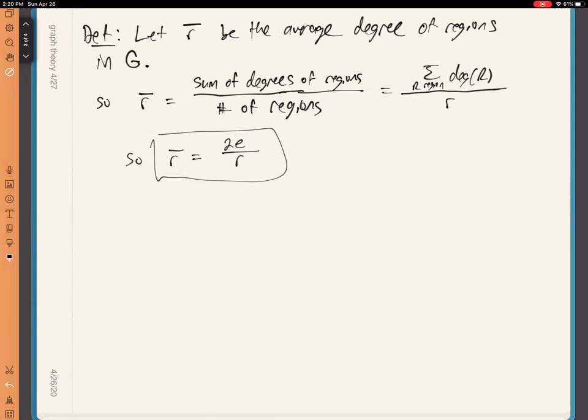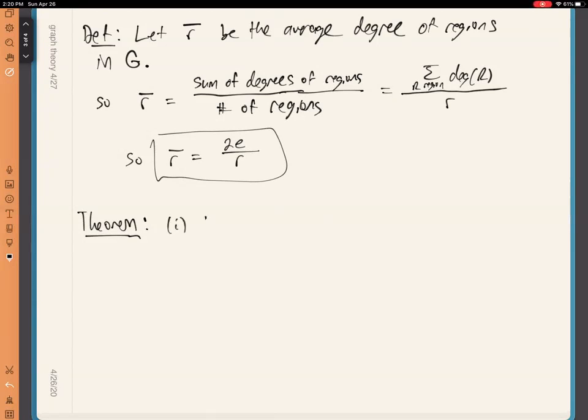Right. And so what we're going to do now is use this formula along with Euler's formula to prove a few things about two particular graphs. We're going to prove the following theorem, which is again going to be a consequence of Euler's formula. So I'll have 2 parts.